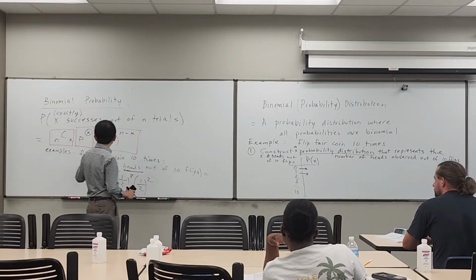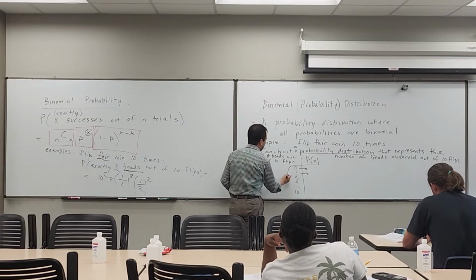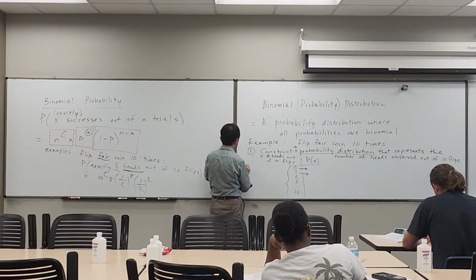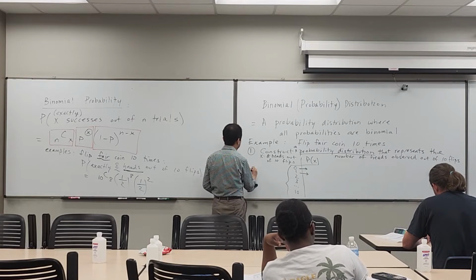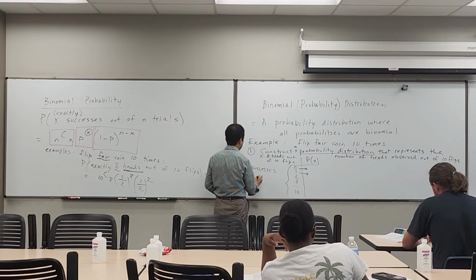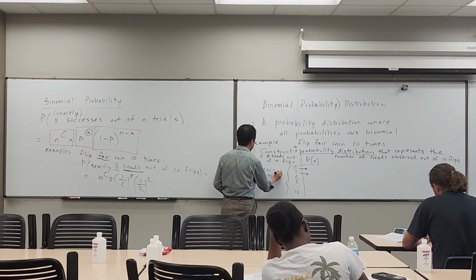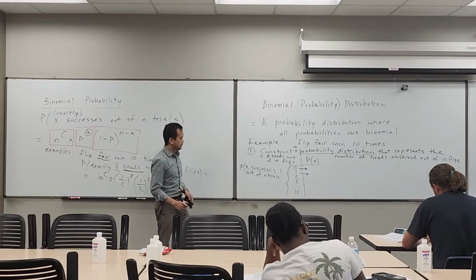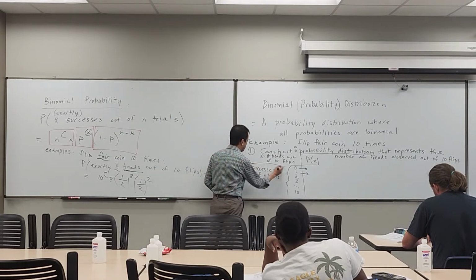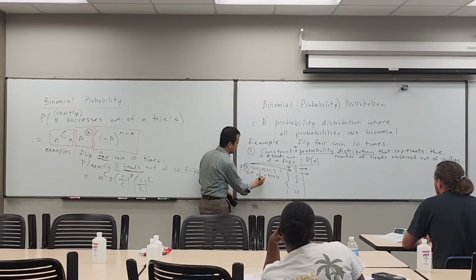So use the binomial probability formula that we just talked about, because each of these is a probability of a certain number of successes out of another number of trials. And x is each particular number here, and n is 10.